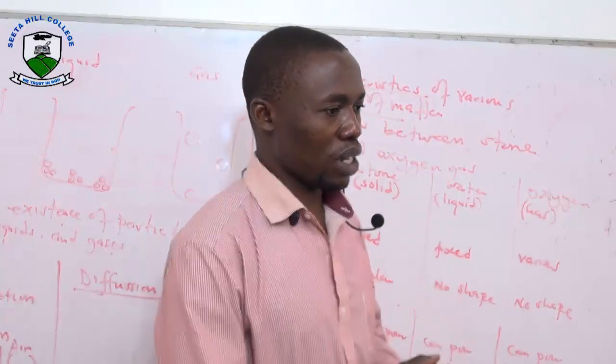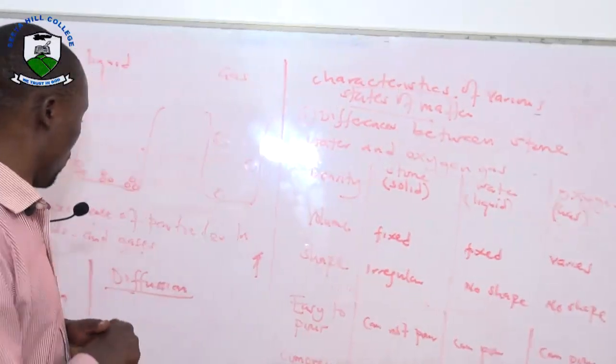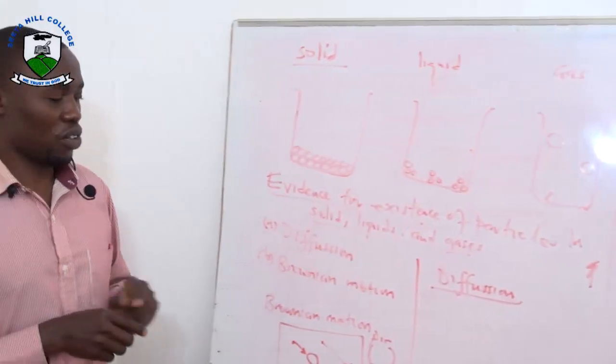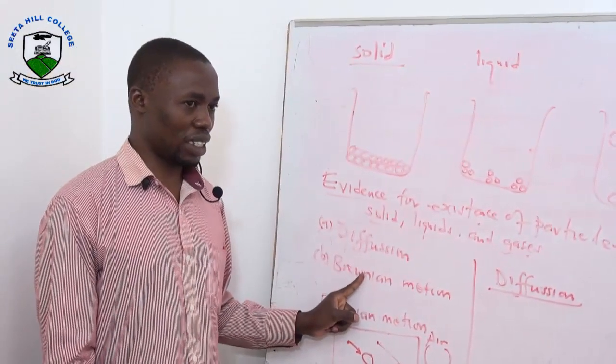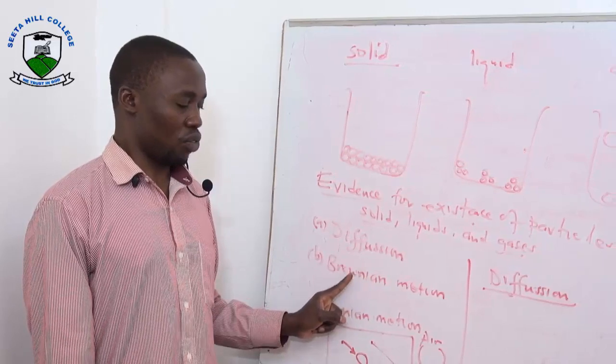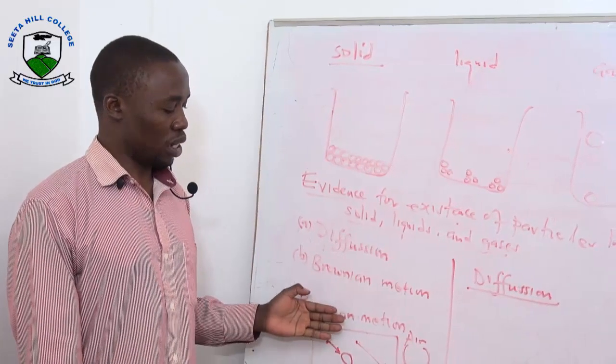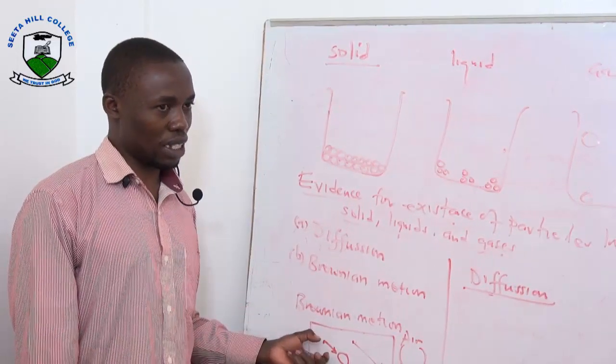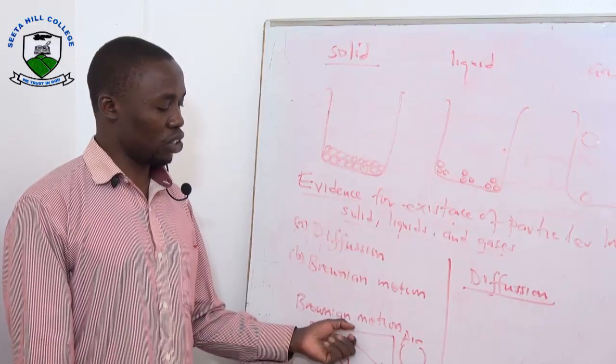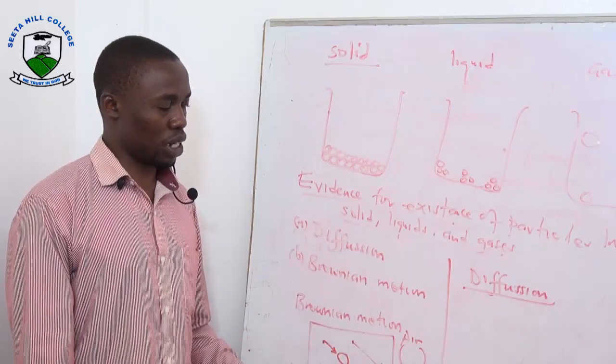Now, we can demonstrate diffusion. We have seen Brownian motion in gases and liquids, not so? Brownian motion in gases, we saw dust in air. In liquids we saw pollen grains in water.